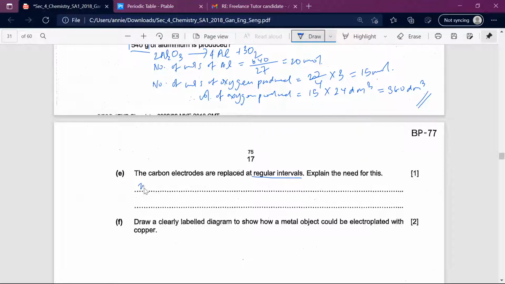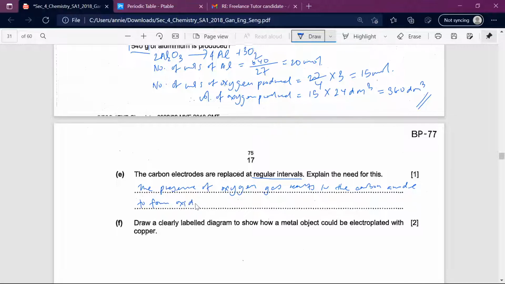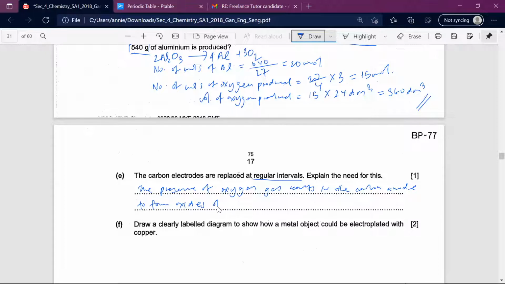So let's write down the presence of oxygen gas reacts with the carbon anode to form oxides of carbon. Yeah, and that is why you are to replace the electrodes.